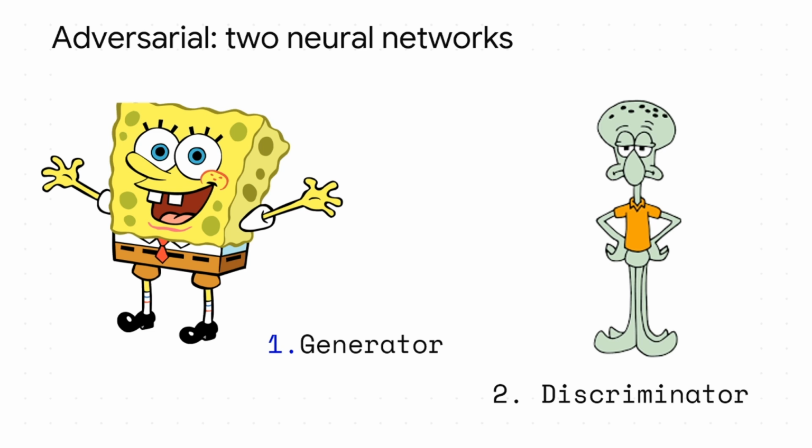So given a training data set, for example, let's say a data set of pictures, photographs, a discriminative algorithm will just focus on learning to categorize the data in the data set, differentiating something like cats versus dogs.